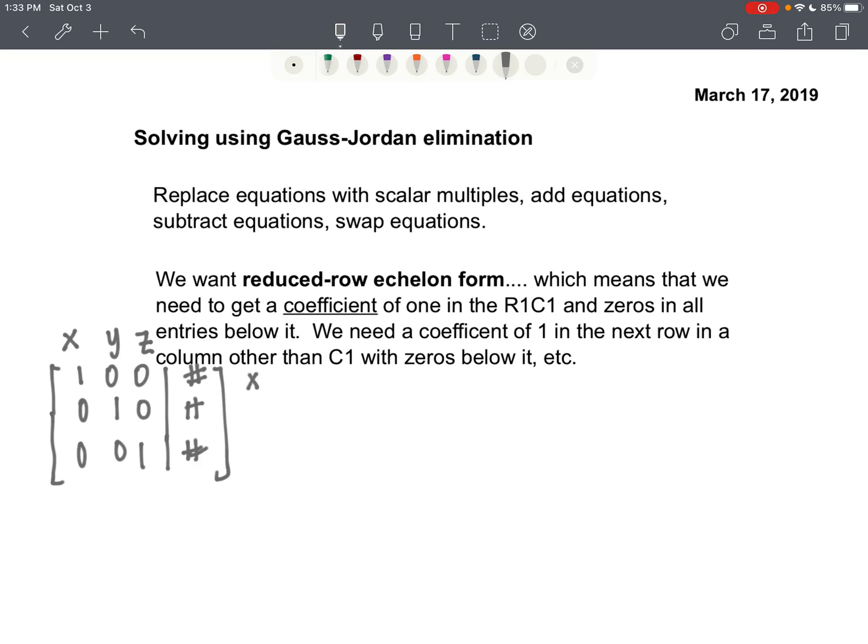So this would tell us 1x equals a number. This second one would tell us 1y equals a number. And the last one would be 1z equals a number. So that's why we want to get 1s in the diagonals and zeros everywhere else.